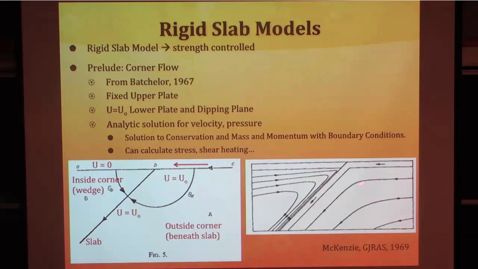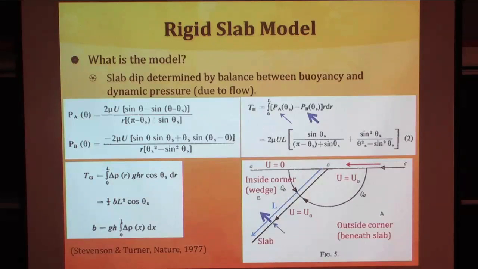Whereas on the outside corner, we actually have a positive pressure pushing out, all right? Which means I have a pressure that's pushing on the backside of my slab, pushing up on it. So I have two pressures that are induced by the flow which want to lift the slab, okay? And the big one is actually the one in the top corner. So McKenzie worked out these equations.